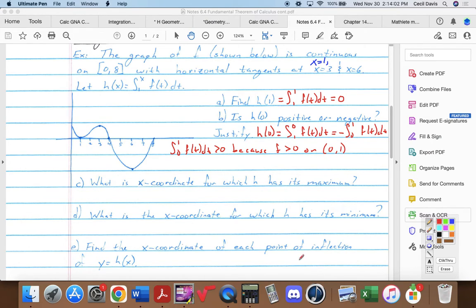We don't really care at the endpoints. You could make it closed at 0 if you want, but don't make it closed at 1 because it's not greater than 0 at 1. It's equal to 0 at 1. So, the integral from 1 to 0 of f of t dt has got to be less than 0.